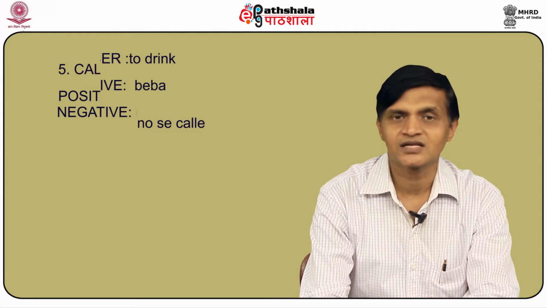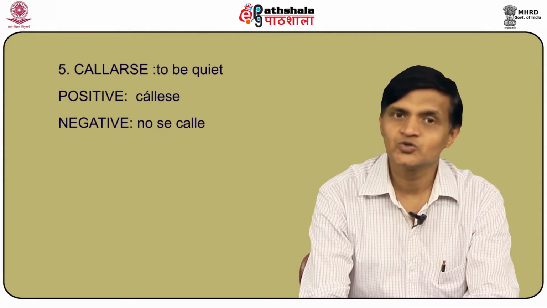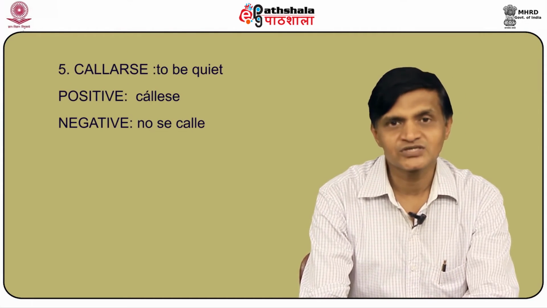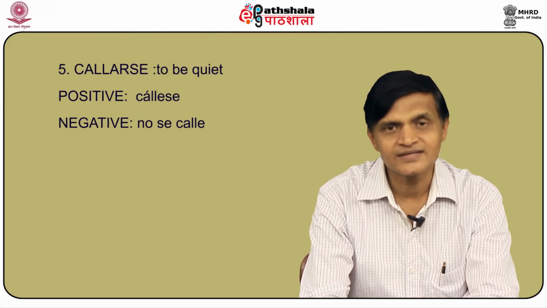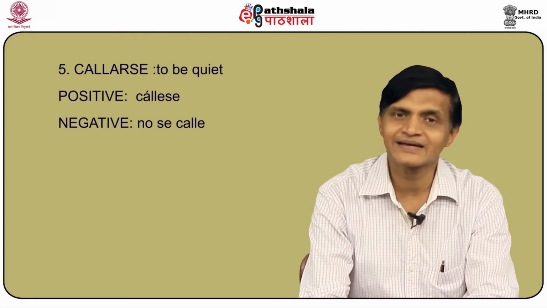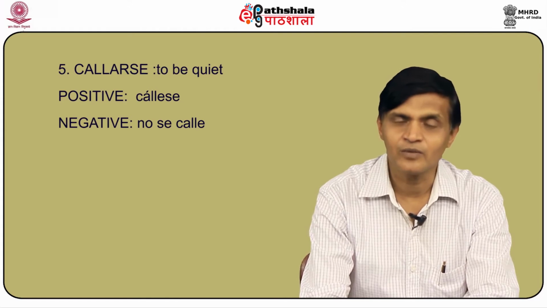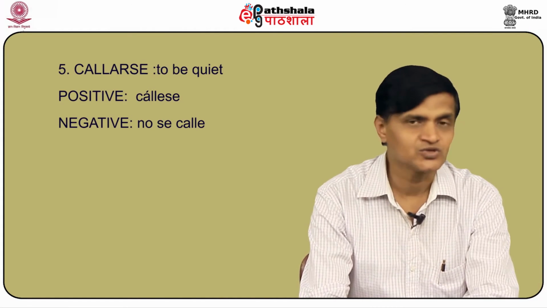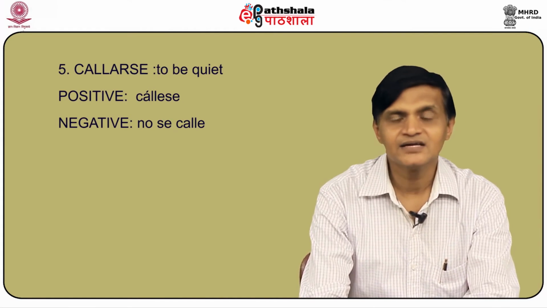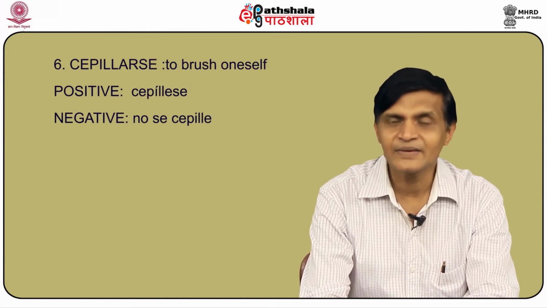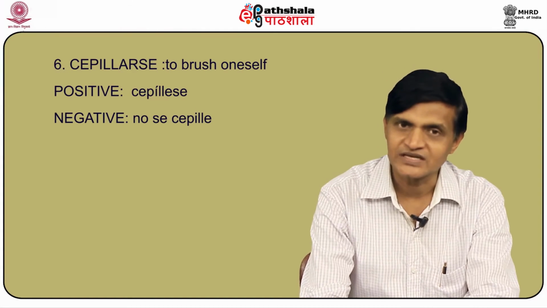Let us talk about another verb like callarse, to be quiet. The positive of Usted in callarse would be cállese, and the negative in the Usted form of callarse would be no se calle. Let us talk about a verb like cepillarse, to brush oneself.